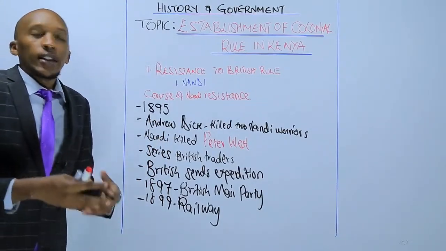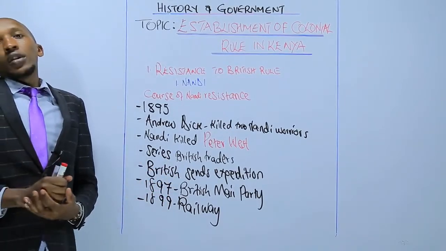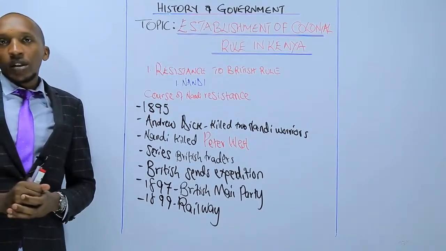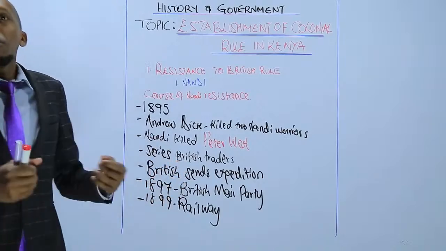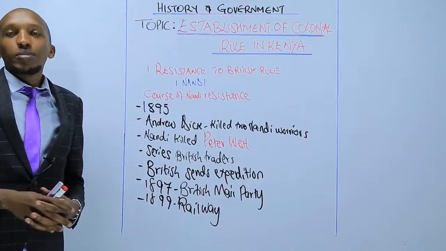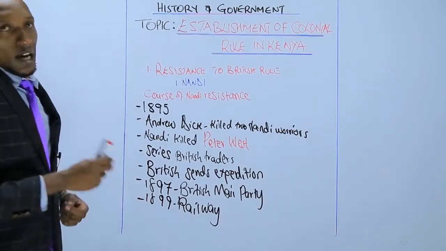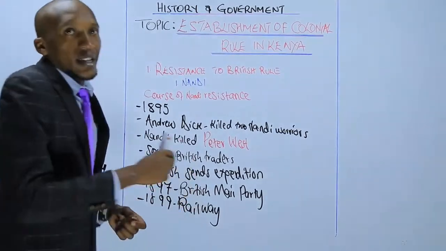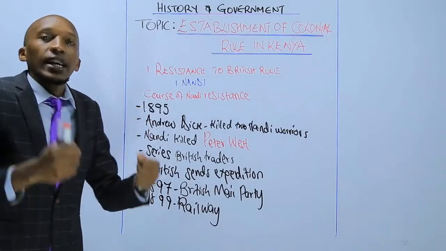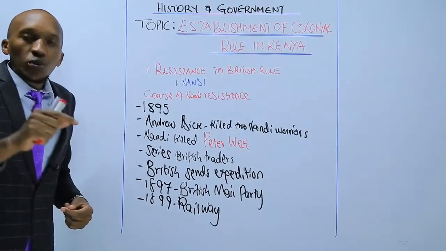So when the Nandi saw the railway entering their territory, they saw what had been prophesied earlier by Kimnyole, and this made them even more furious, because they had discredited Kimnyole as a witch, or his prophecy as not being true. But now they saw it coming. They saw the rail entering their land. So they intensified their fight, because they did not want that rail to pass through their territory.